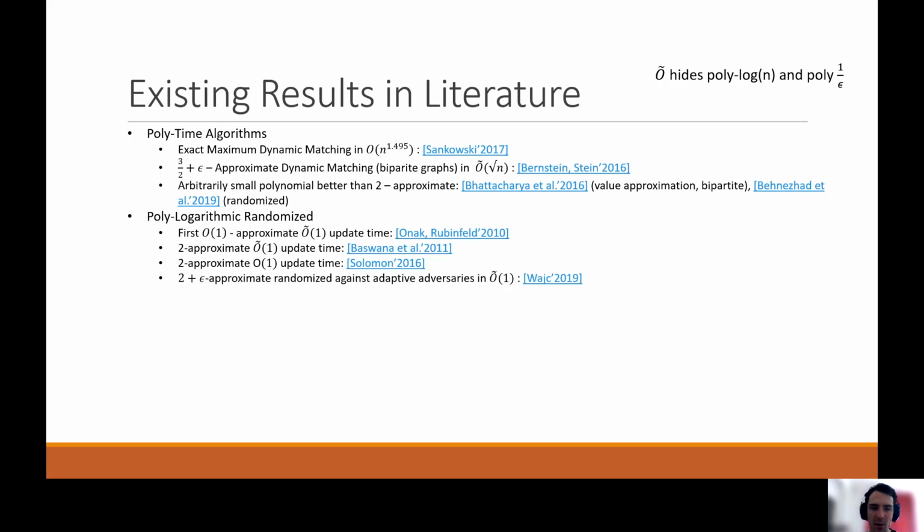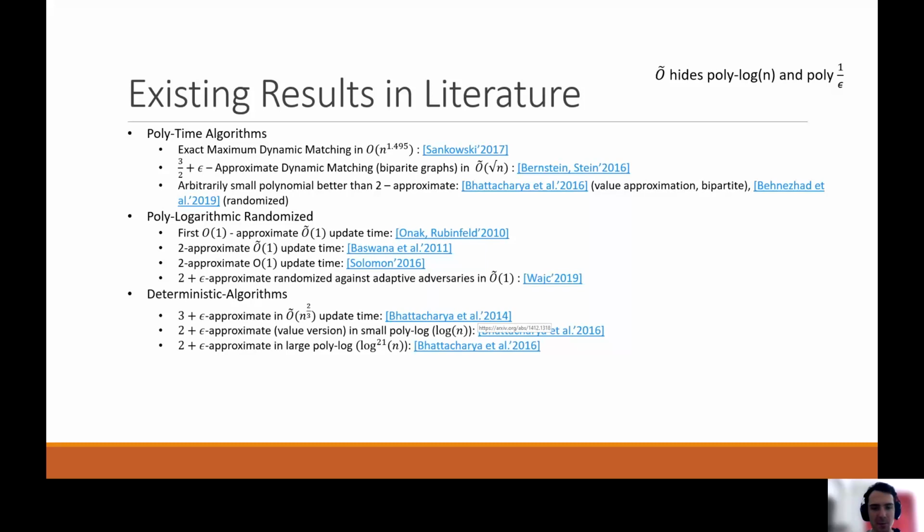There are a lot more randomized algorithms which can actually maintain a maximal matching, which is exactly 2 approximate, but there are also amortized constant 2 plus epsilon approximate randomized algorithms with additional properties which are very useful. And there are some slower deterministic algorithms which came a bit after the discoveries of their randomized counterparts.